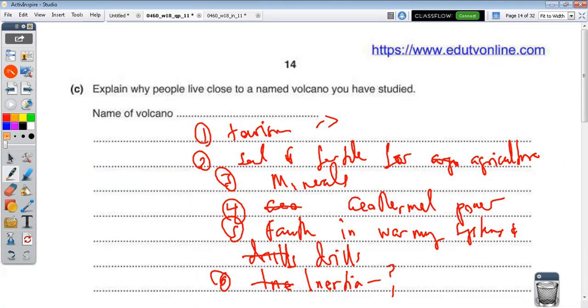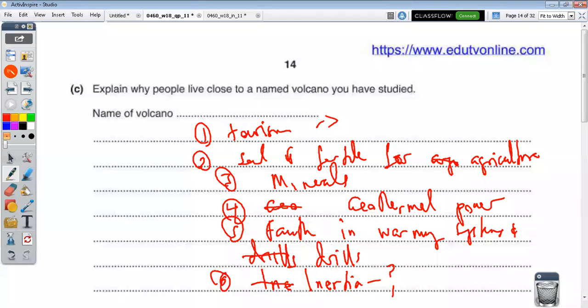People have lived there all their lives and are unwilling to move. Even for earthquakes, it's the same. They've lived there and there is no other place they would like to live. We call that inertia. Clear?